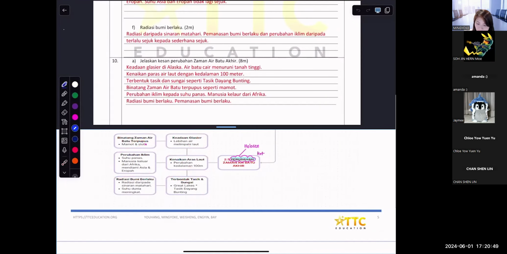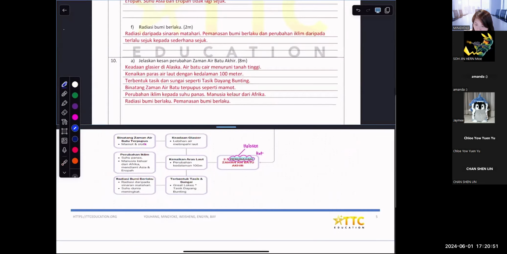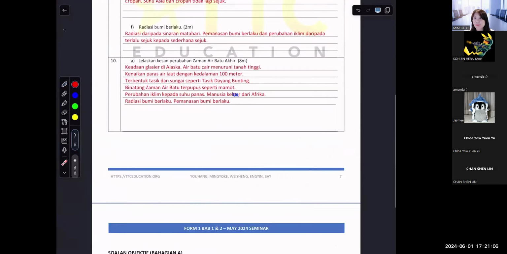So, keluar. Spelling error, sorry. Then, seterusnya radiasi, you can write pertama, kedua, ketiga, seterusnya, selain itu, tambahan pula, di samping itu, all those. Understand? Good.